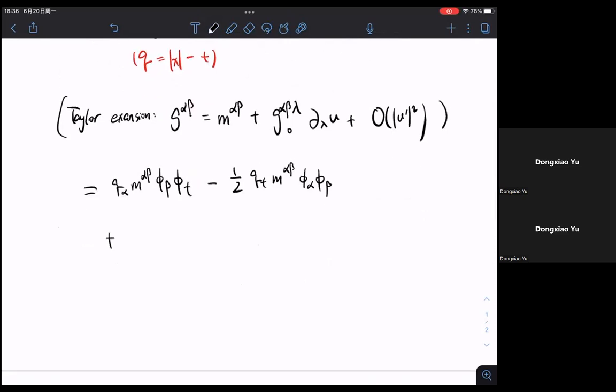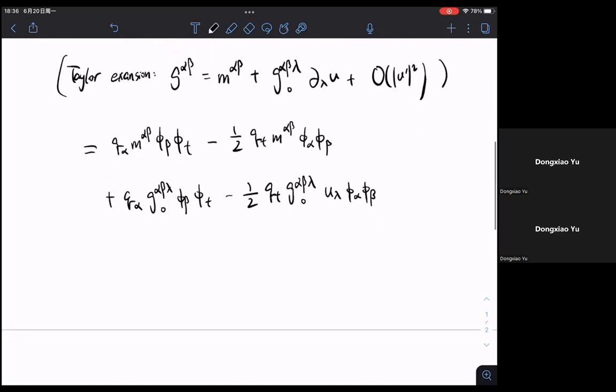And also we have Q^alpha G^alpha beta lambda 0 phi_beta phi_t minus 1/2 Q_t G^alpha beta lambda 0 u_lambda phi_alpha phi_beta, and also some remainders.